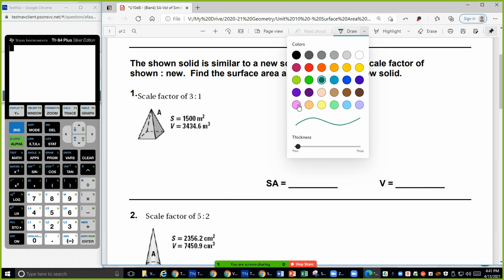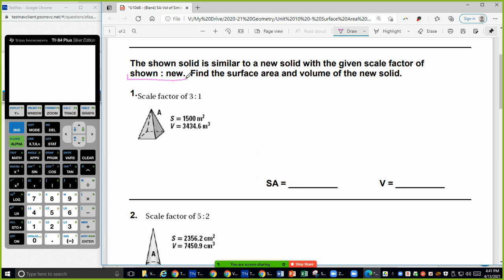When they tell me it is shown to new, that tells me this 3 is my shown information and the 1 is my new information. All of the information shown to me matches with the 3, and what I'm going to be finding matches with the 1.